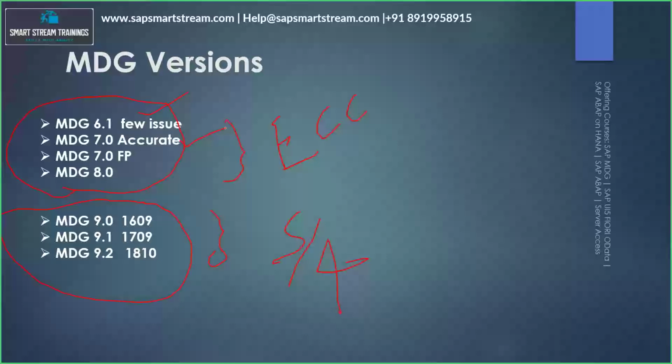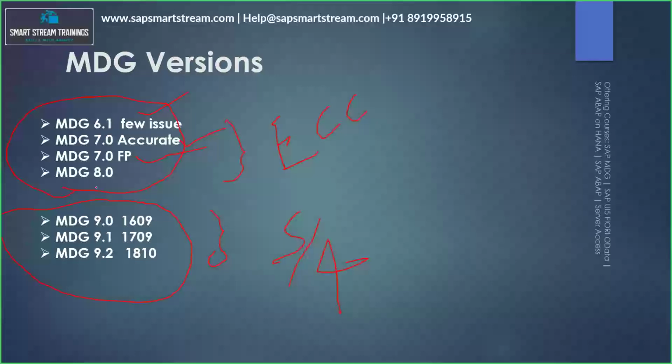That is the reason this also failed. In the same year, they released one more version, SAP MDG 7.0. FP means feature pack. With this feature pack, from 2007 onwards, all kinds of solutions were introduced into this MDG system. Now we can control all MDG solutions in 7.0.